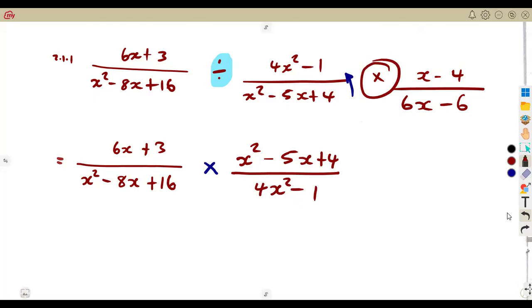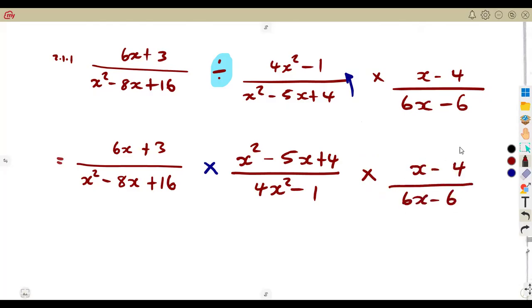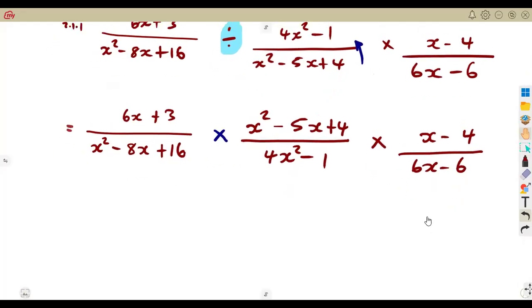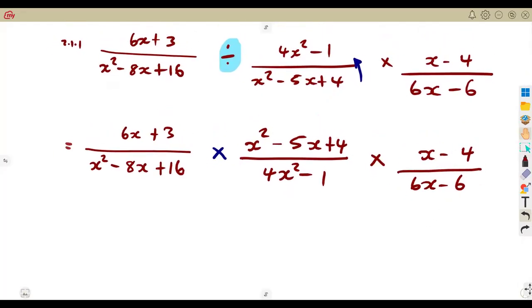Already here there's a multiplication, so nothing is going to change. We haven't introduced this multiplication. It was already given. So this fraction remains as it is, which is x minus 4 over 6x minus 6. So this is where you are. Everything is under multiplication. Then factorize.